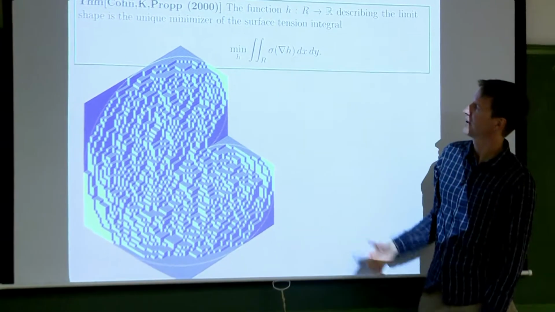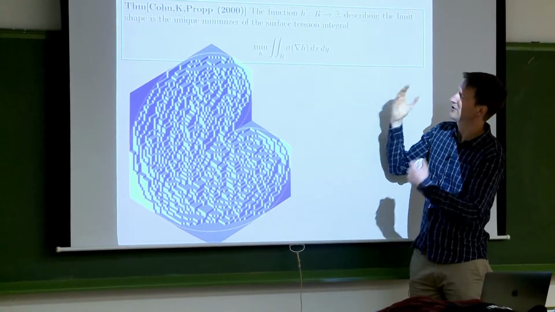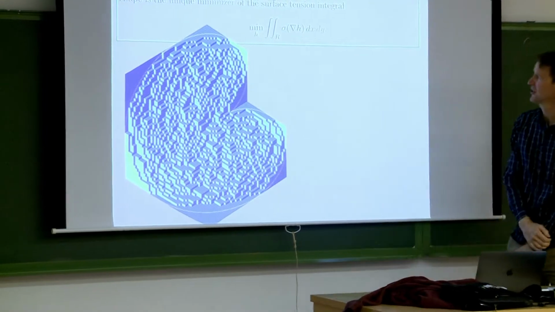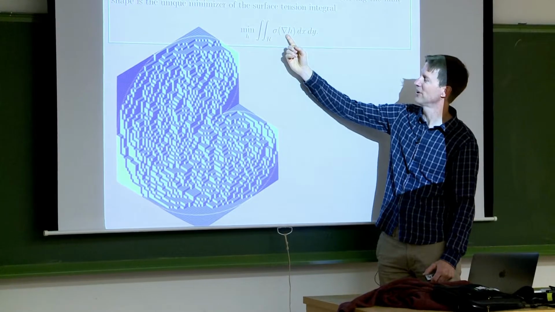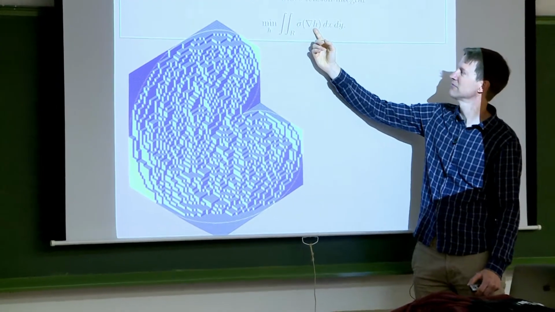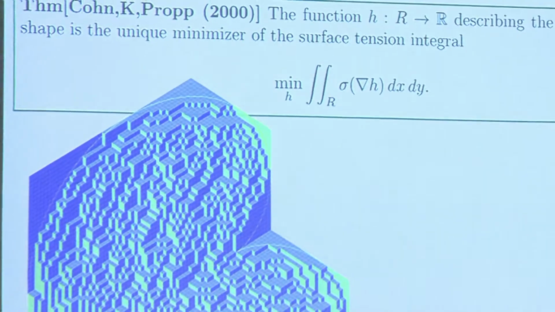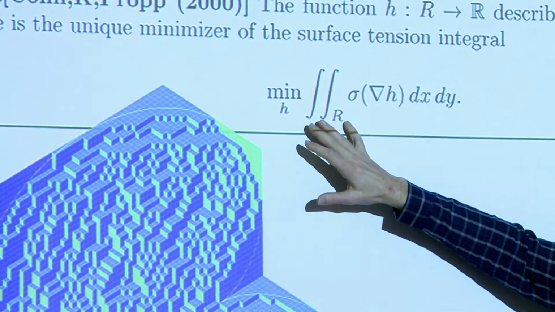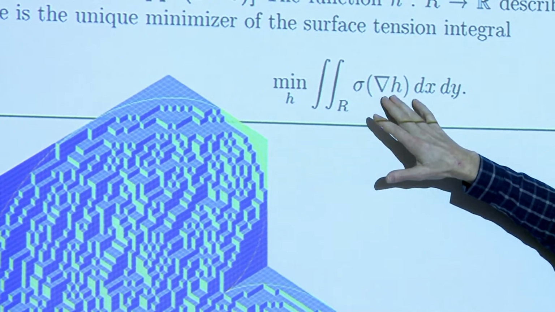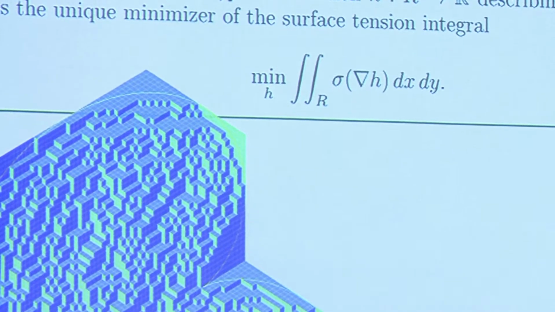And the function which you get in the limit is the unique minimizer of a certain surface tension integral. Right? Now, again, the surface tension here only depends on the slope, the normal vector, if you like, to the surface. And I'll tell you what the formula is for sigma in a second, but you integrate over the surface some surface tension as a function of the slope, times the area measure.